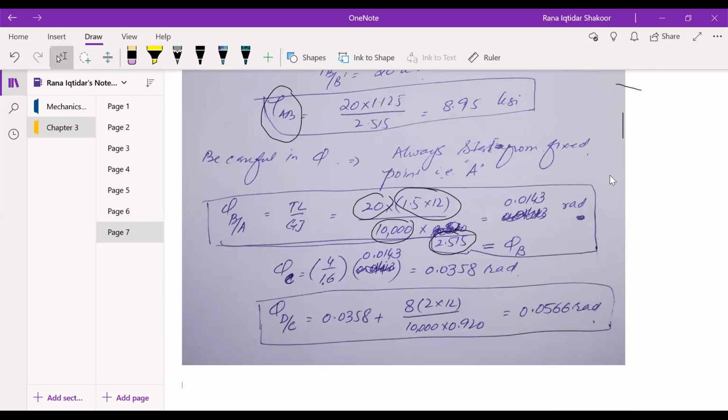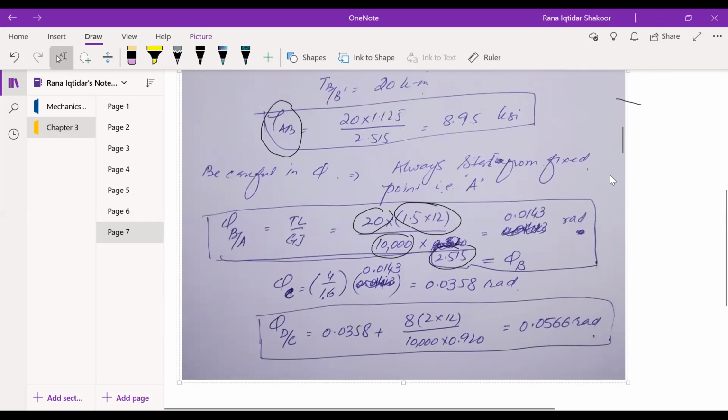If from the smaller gear to the larger gear, angular rotation decreases. So we take the ratio of the larger gear versus the smaller gear and multiply it with phi BA, and we end up with 0.0358 radians.